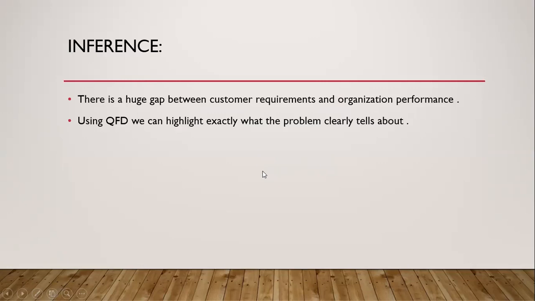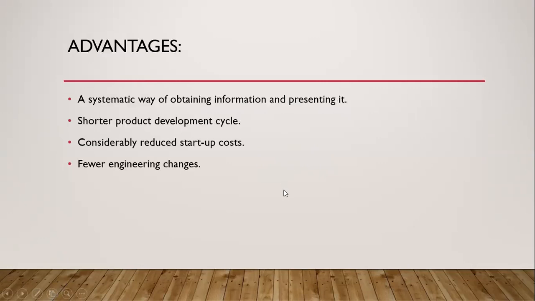By applying QFD, we can project where we are progressing in our production activity, day-to-day activity, and how we can better project ourselves by converting weakness into strength. For that purpose, quality function deployment is used.